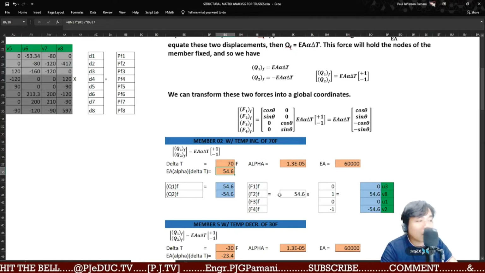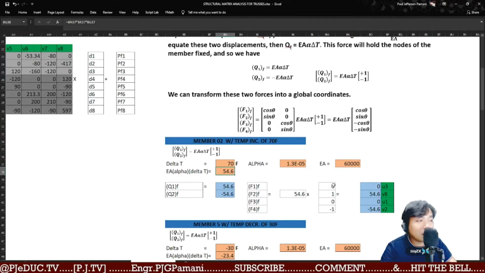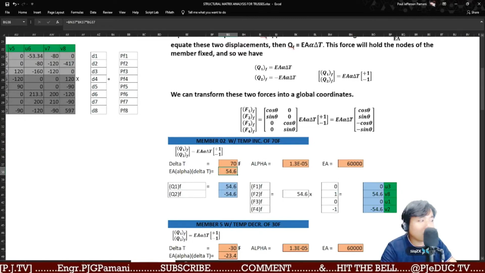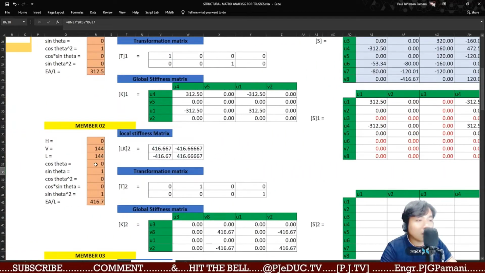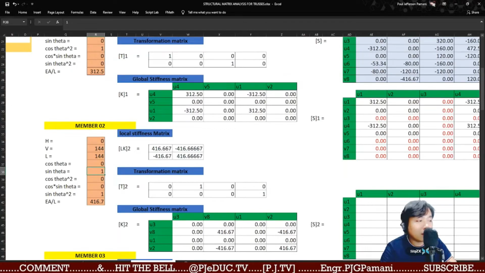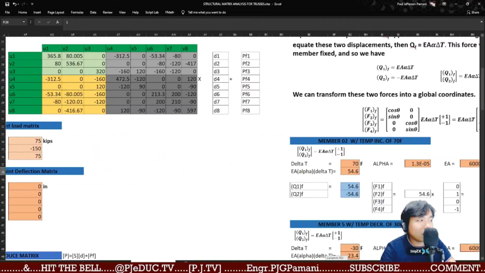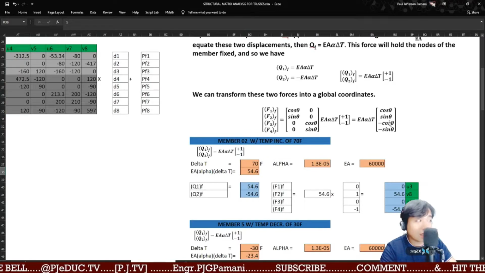So multiply. Ano yung sine theta ni member 2 at saka cosine theta? Remember, that is 0 and 1. Then multiply both of them with negative 1 to get negative cosine theta and negative sine theta.